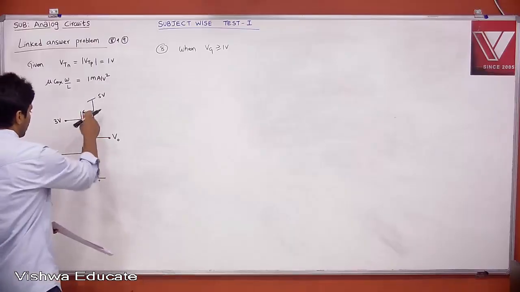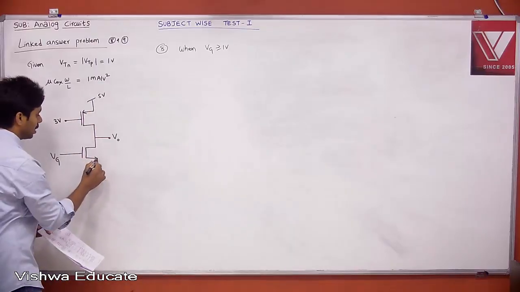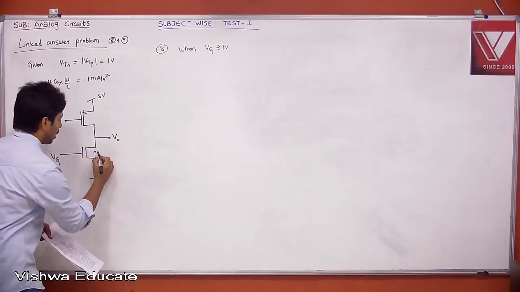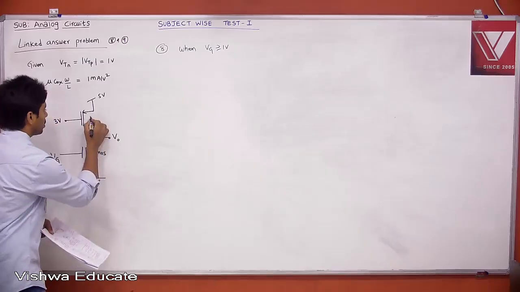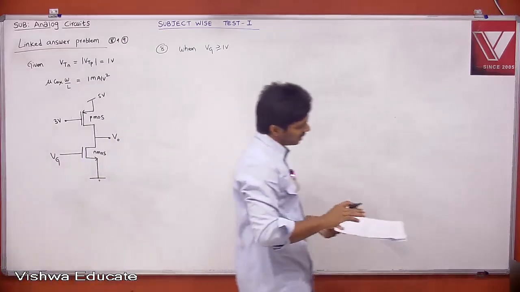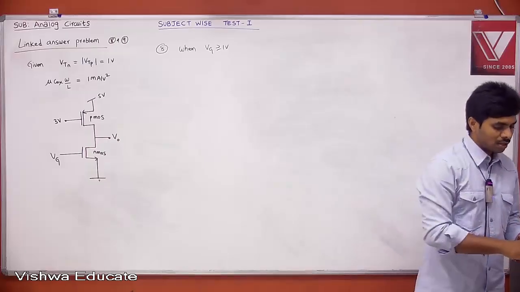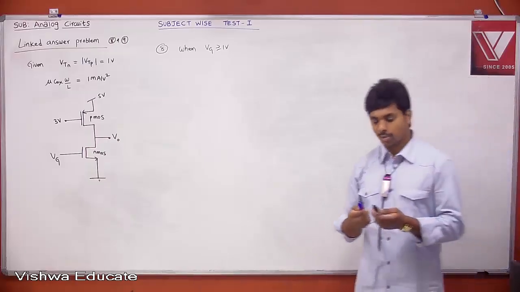It is asking for the region of each MOSFET. This is NMOS and this is our PMOS. Asking when Vg is slightly greater than 1 volt, what is the region of the transistor? That is the problem.